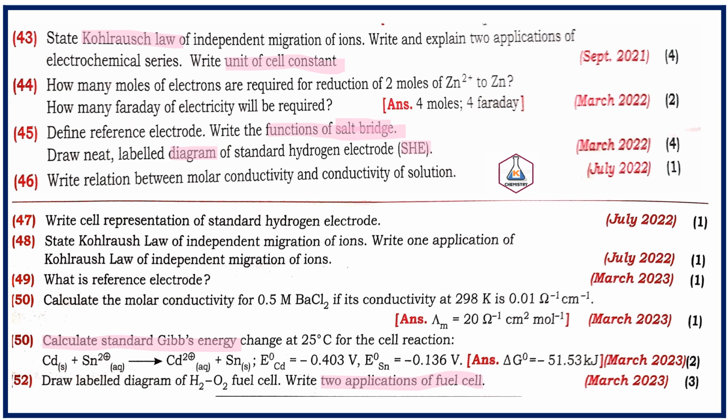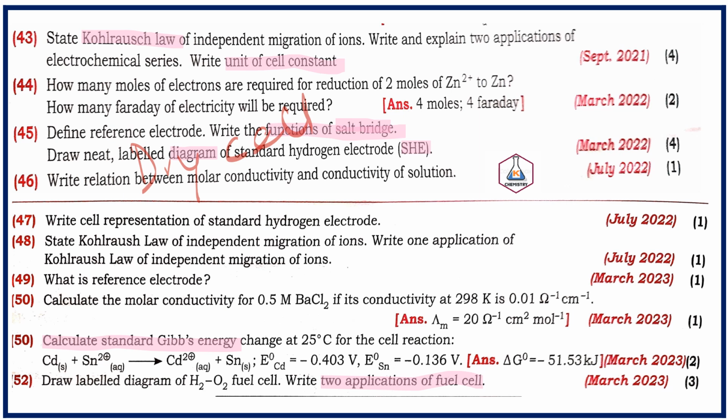Friends, galvanic cells: primary voltaic cells, secondary voltaic cells. Now after that, the dry cell. One should practice the diagram of the dry cell, also called Leclanche's cell. You should practice the labeled diagram.